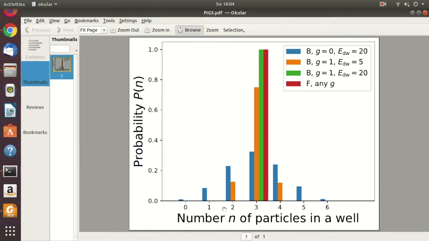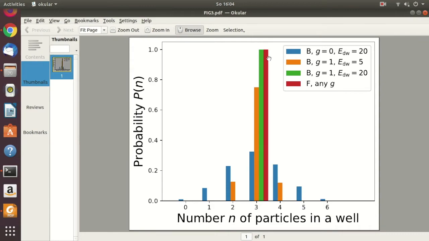So you can see that the contribution of n equals 2 and n equals 4 is still significant. However, the green bar is already in the most insulating phase. So there were exactly 3 bosons in one well.